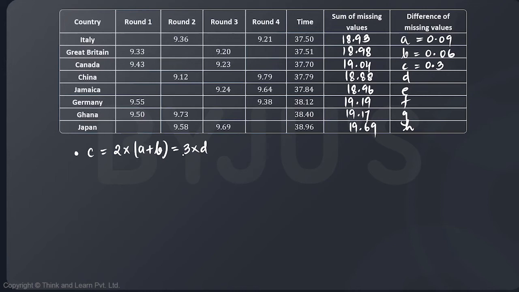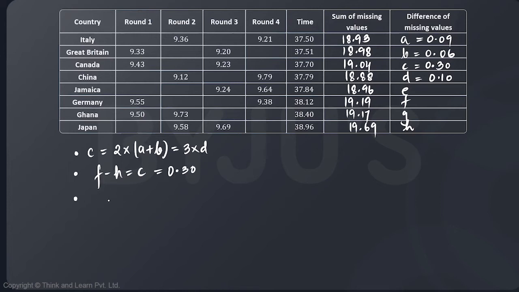Now 0.3 is going to be 3 times D. That means D is going to be a mere 0.1. So let's write down 2 digits, 30 and 10. Okay. The next equation that we had got was F minus H is equal to C, right? So we don't know what F and H are, but we do know what C is. So we will come to this later on.